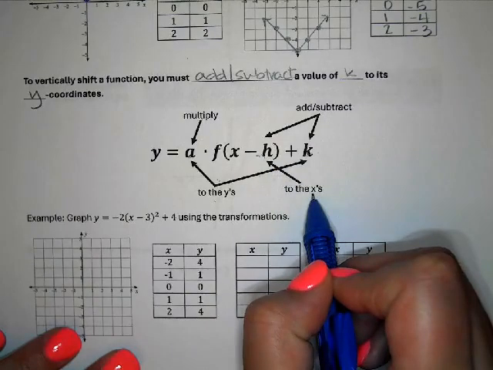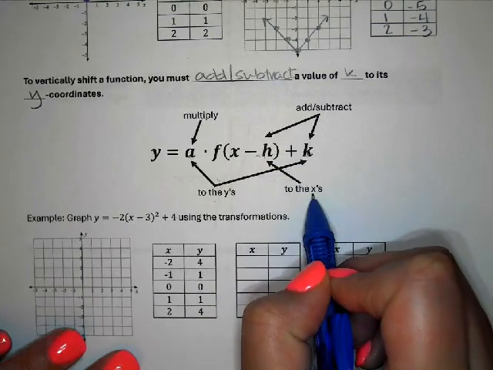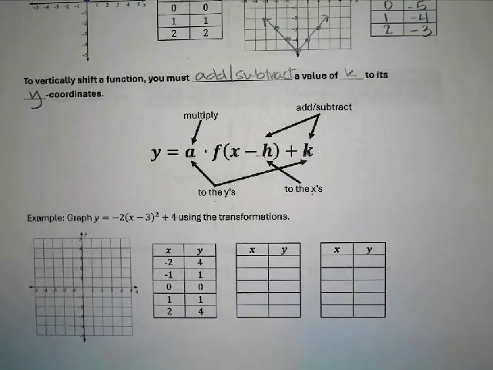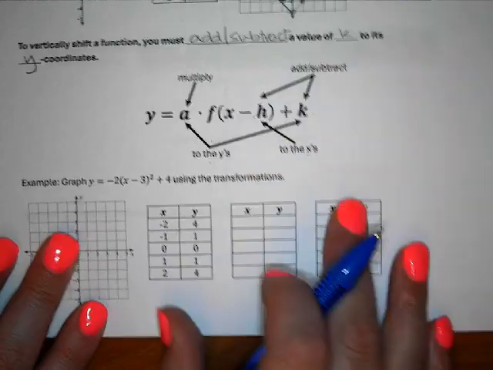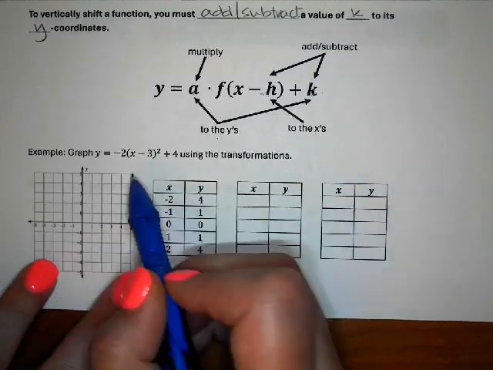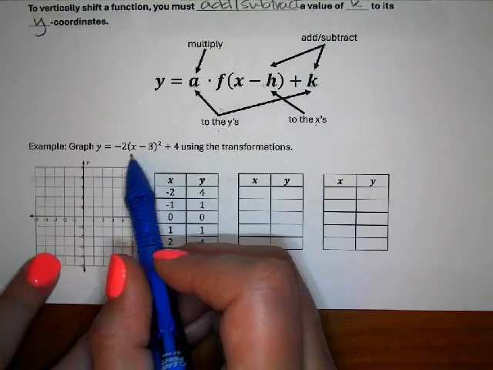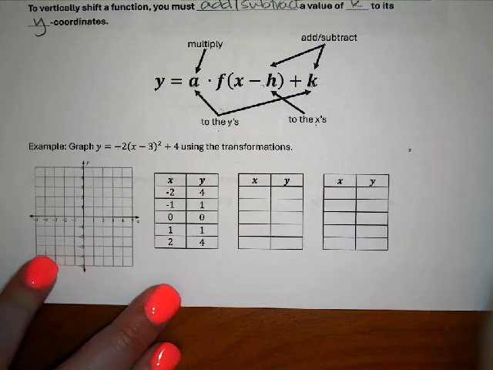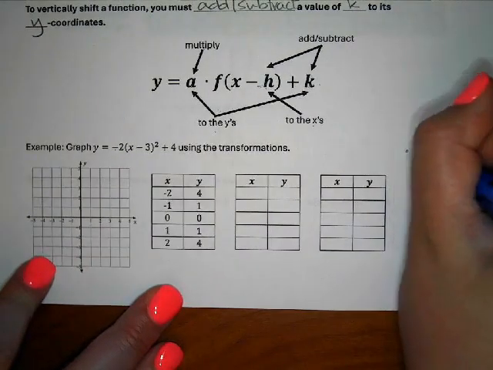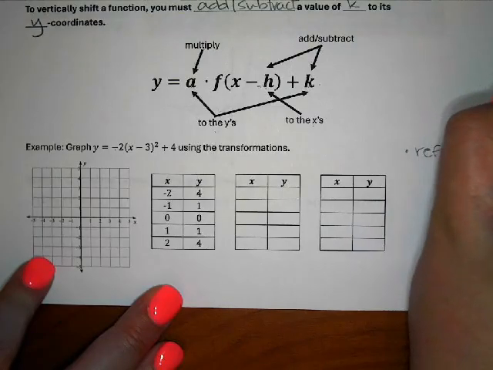Okay, so we're going to put all of that together. Here, I'm going to make a list of my transformations for this example. We have a negative in the front, so that negative means that the graph has been reflected over x.